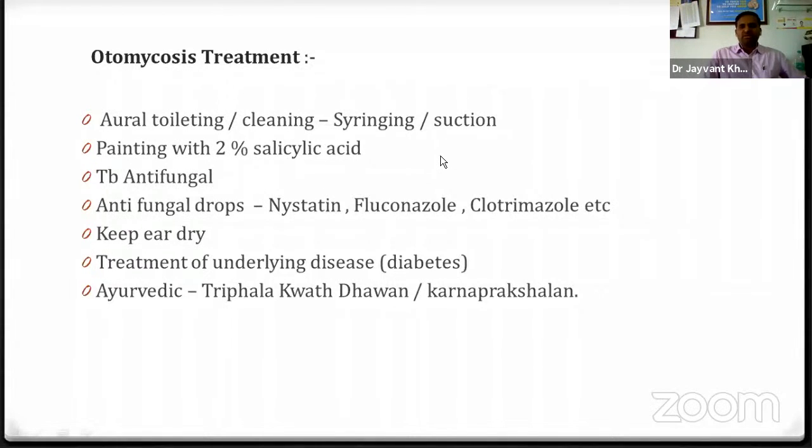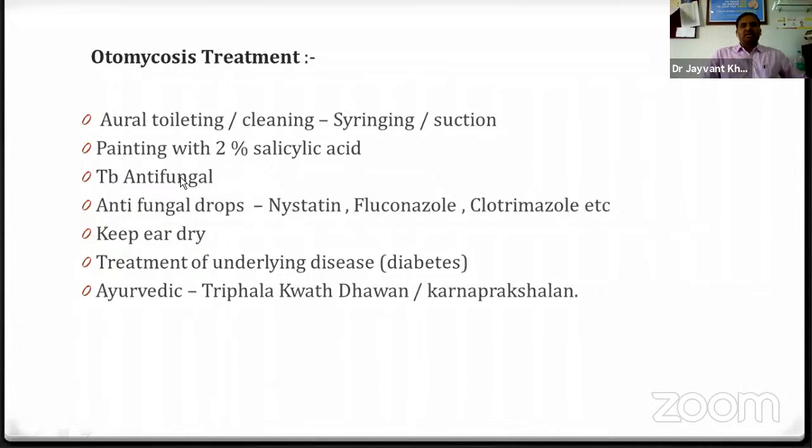Recurrent follow-up of aural toileting, cleaning, suction or syringing is important in otomycosis to avoid recurrence, because recurrence is the most common in otomycosis. So regular follow-up of the patient is most important.